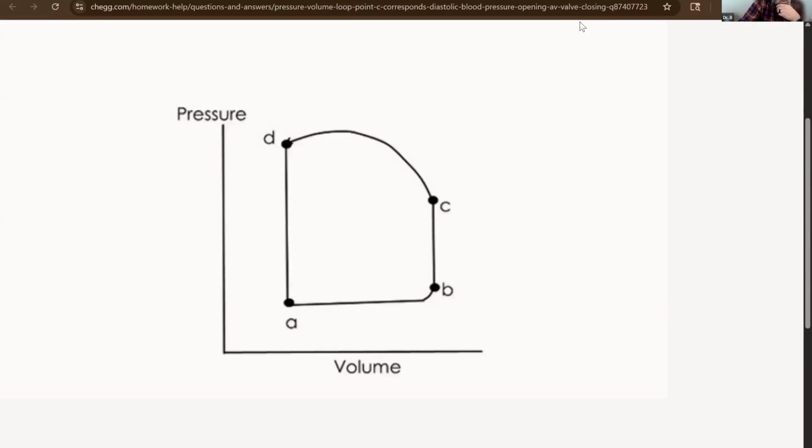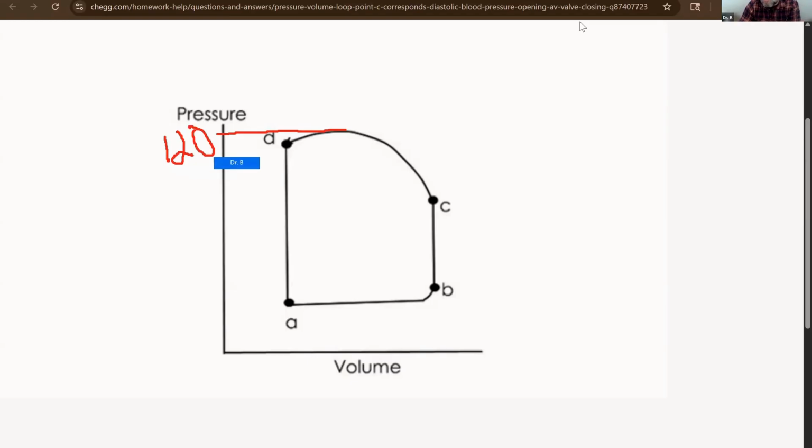So what we would do is look at the pressure. I drew a red line for the pressure right there. And if we would see a pressure that's, say, 120, right?